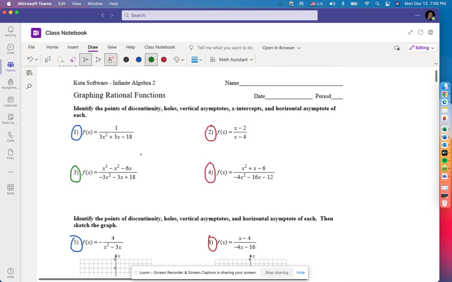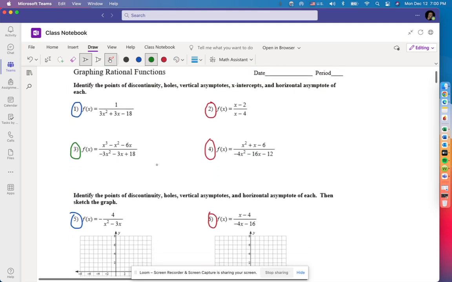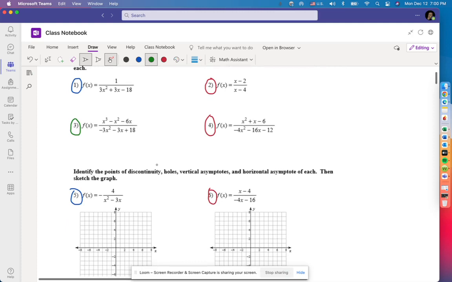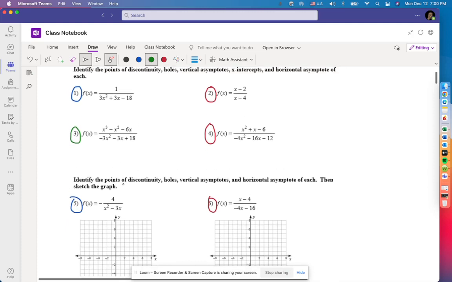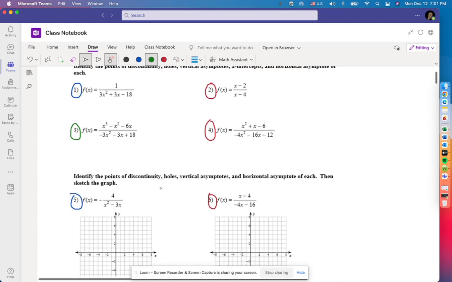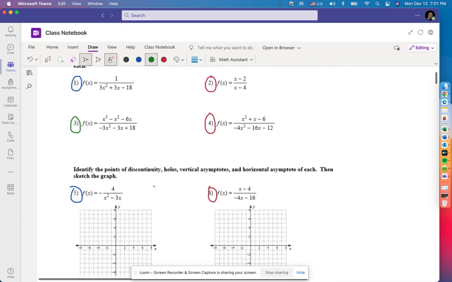Again, this is a review just to help you focus on these types of functions. After that, we need to find points of discontinuity. I like to do that next, or the vertical asymptote, either one. Points of discontinuity are found by taking your denominator and factoring it completely.